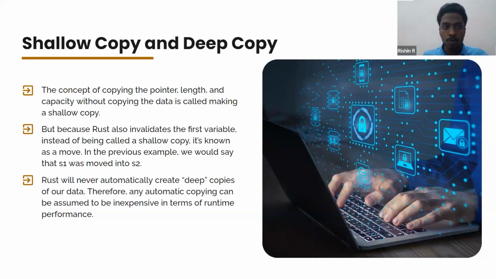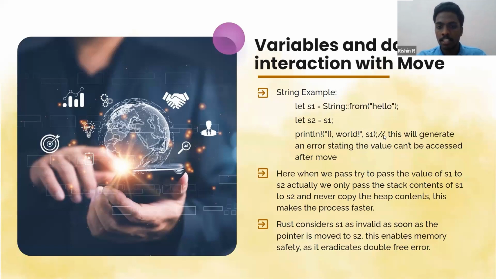So when you use move, what happens is, see here, when you create an s1 and then you pass it to s2, this will generate an error stating this cannot be accessed. When we try to pass the value of s1 to s2, we are actually only passing the stack contents of s1 to s2 and never copying the heap contents. So you're only copying the stack contents, which means you are copying the pointer.